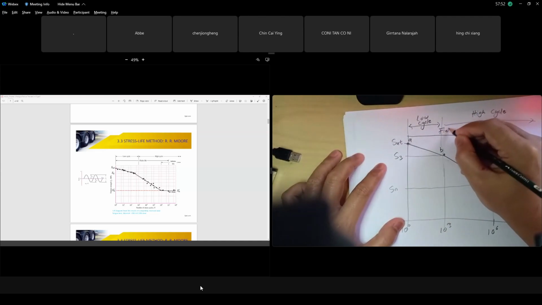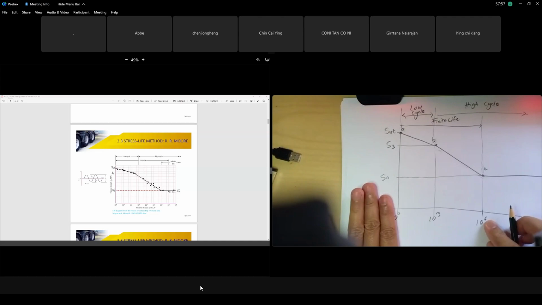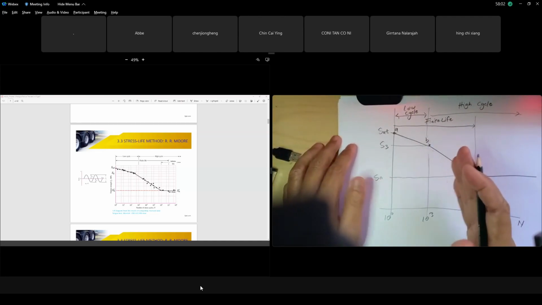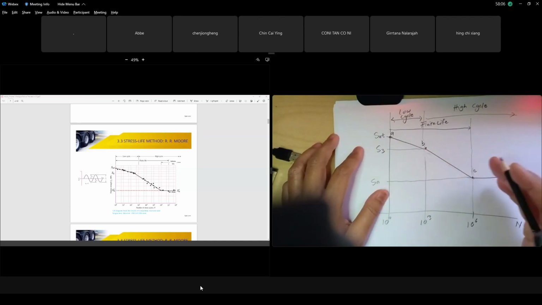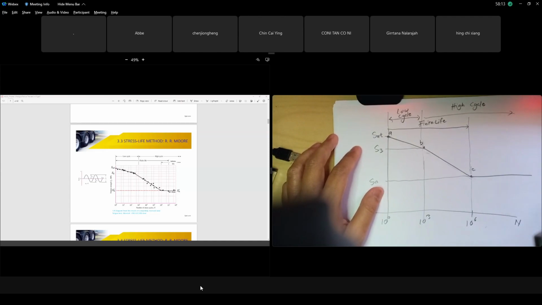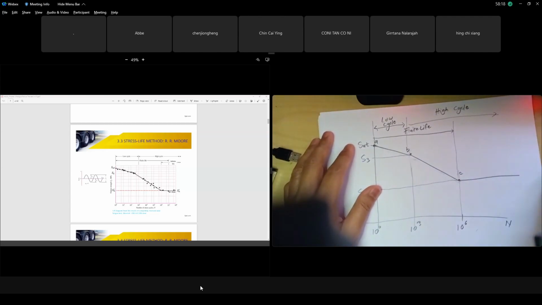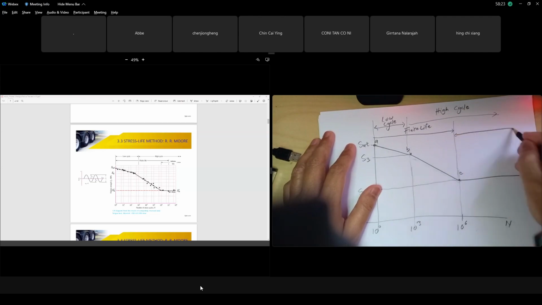When you find your safety factor is less than 1, it means your life is not infinite. If in your design the safety factor N, which is Sn over sigma E, is greater than 1, it means your specimen has infinite life. So it is safe for infinite life. 10 to the power 6 cycles and above is what we call infinite life.